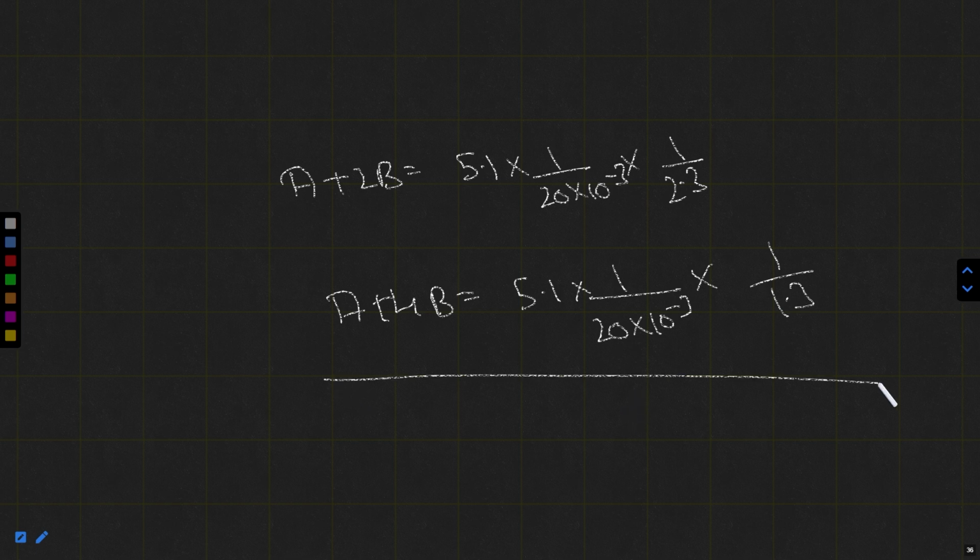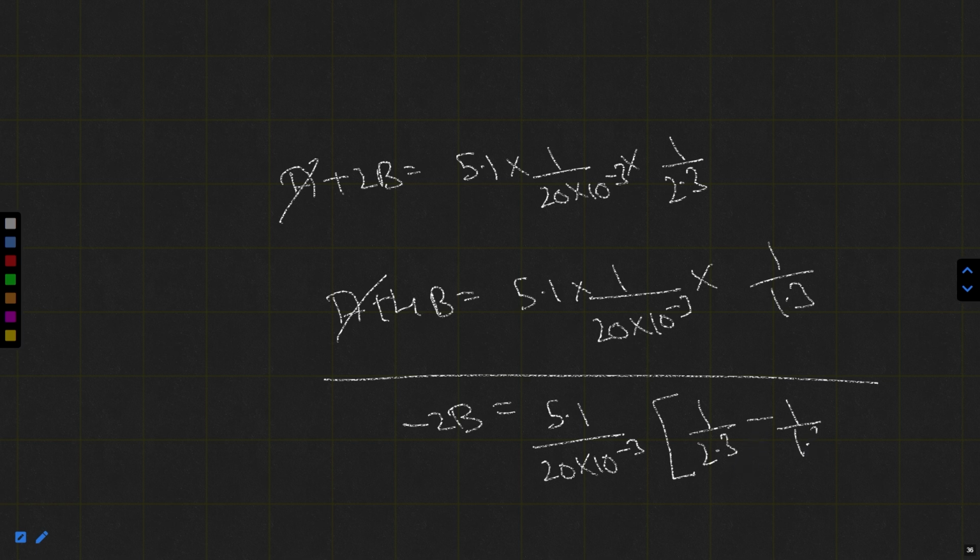Now if we subtract both of these equations, A cancels out and we get minus 2B is equal to, taking 5.1 by 20 into 10 to the power minus 3 common, 1 by 2.3 minus 1 by 1.3. Isn't it? So let us solve it further.